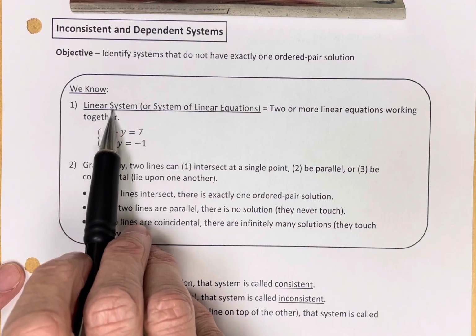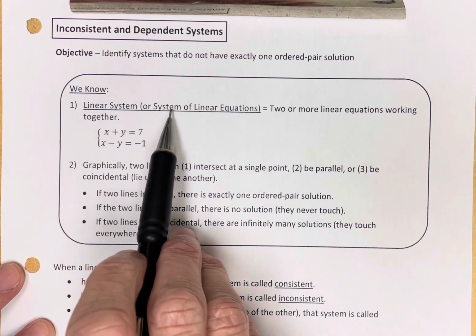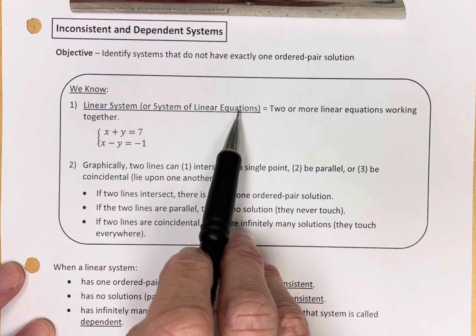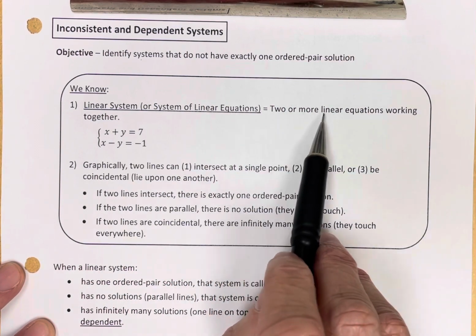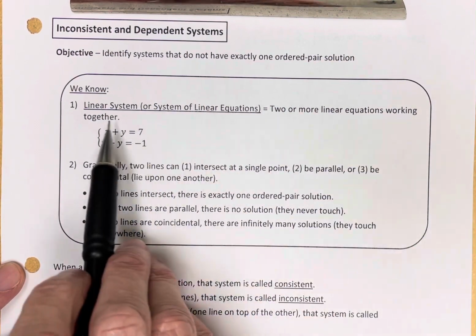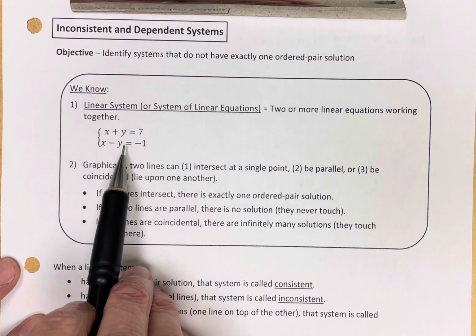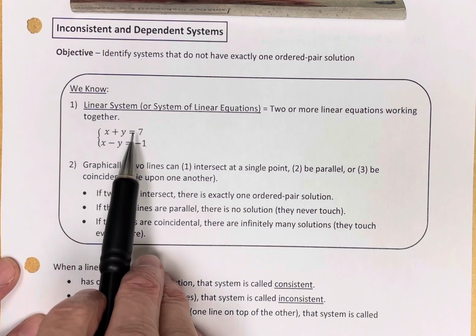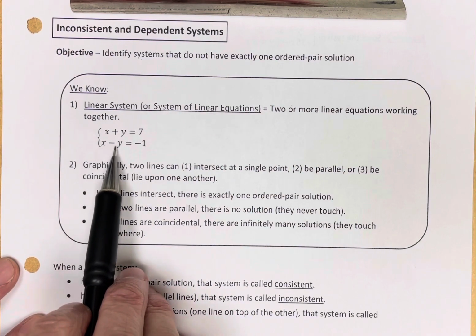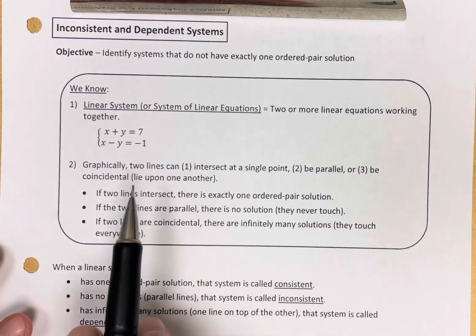We know that a linear system, also called a system of linear equations, is two or more linear equations that are working together. For example, here is a linear system in two unknowns, x plus y equals 7 and x minus y equals -1.